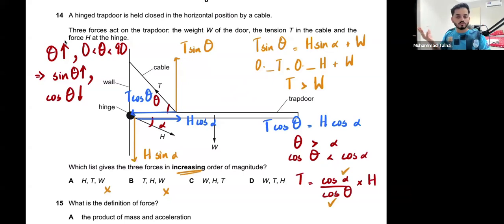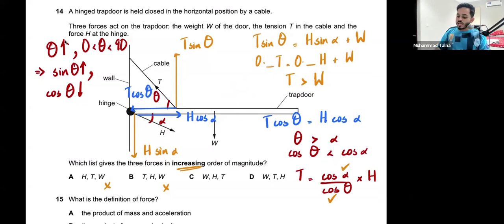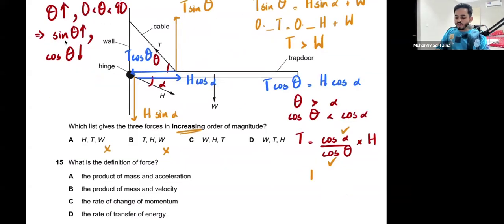So a number like 7/4, this fraction is going to be more than 1. Because of this, T would be greater than H. So T is also larger than W, T is also larger than H, T must come at the end, then C is the correct answer because of this reason.